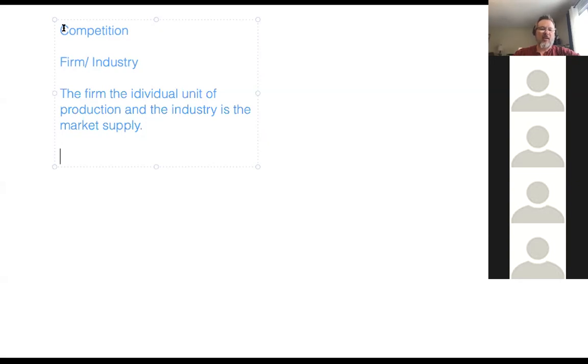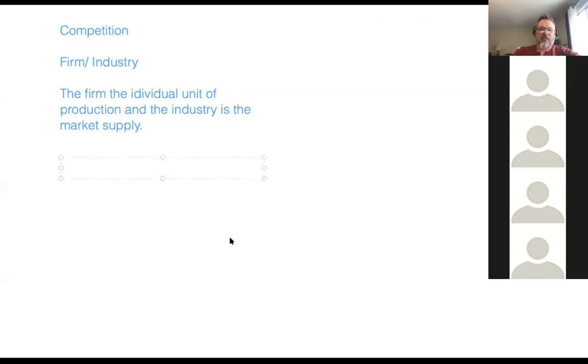So far in this class, we've dealt almost exclusively, though not entirely, with market supply curves or industry supply curves. The relationship between the individual firm supply curve and the market supply curve takes a little bit of time to discuss.